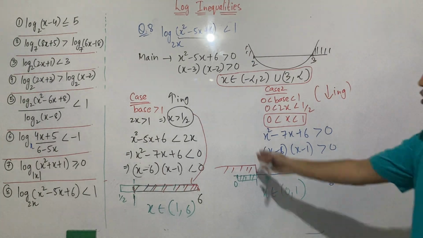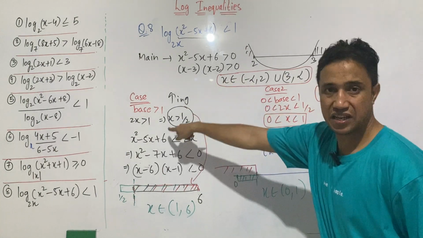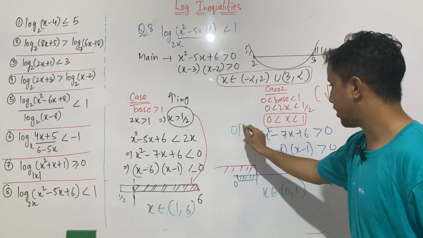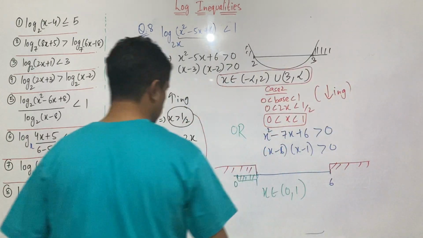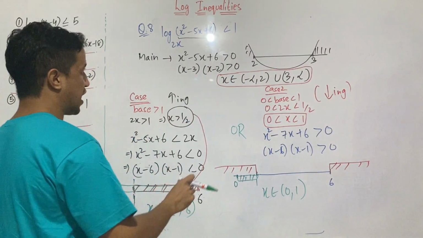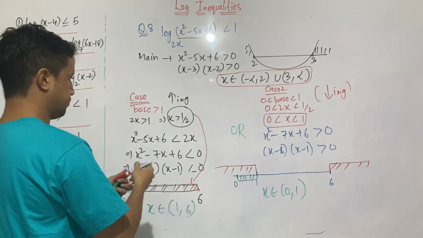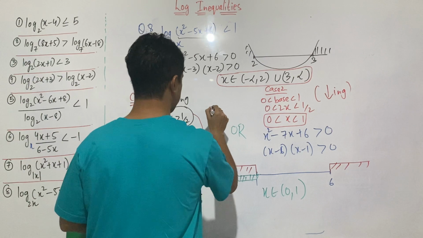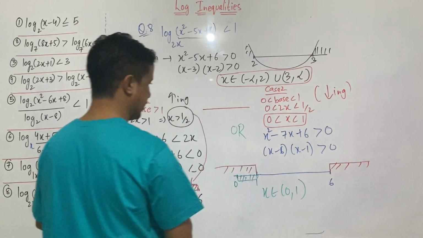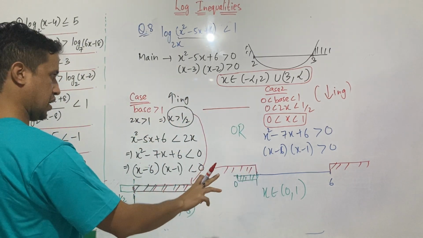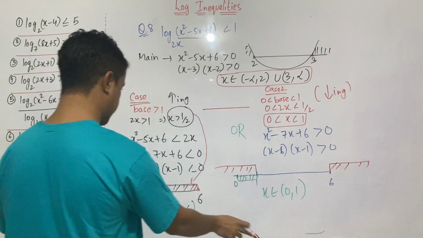Okay, so now either this or this, because the base is variable, so we have to take the union of these two things. So what I will do here is I will just do it here. Here I have 0 from here, 1 to 6.